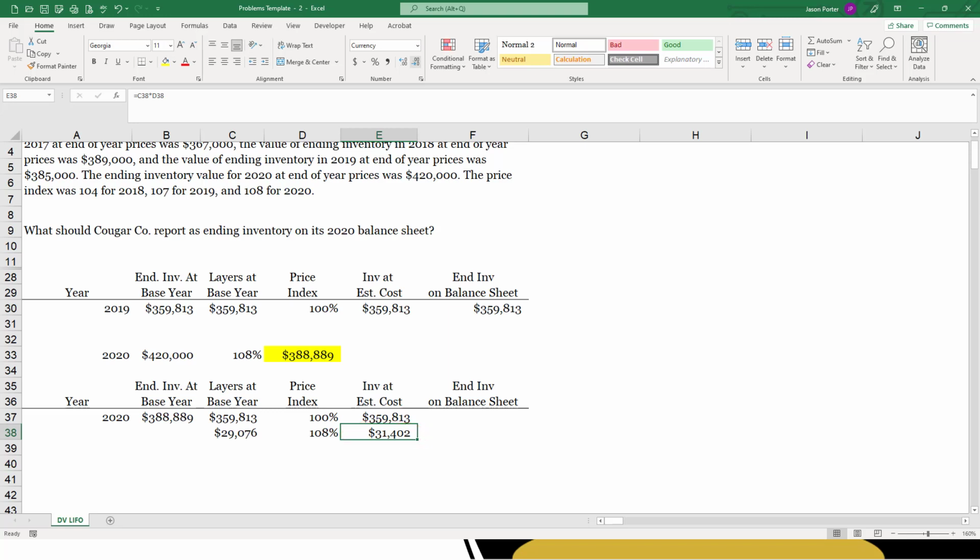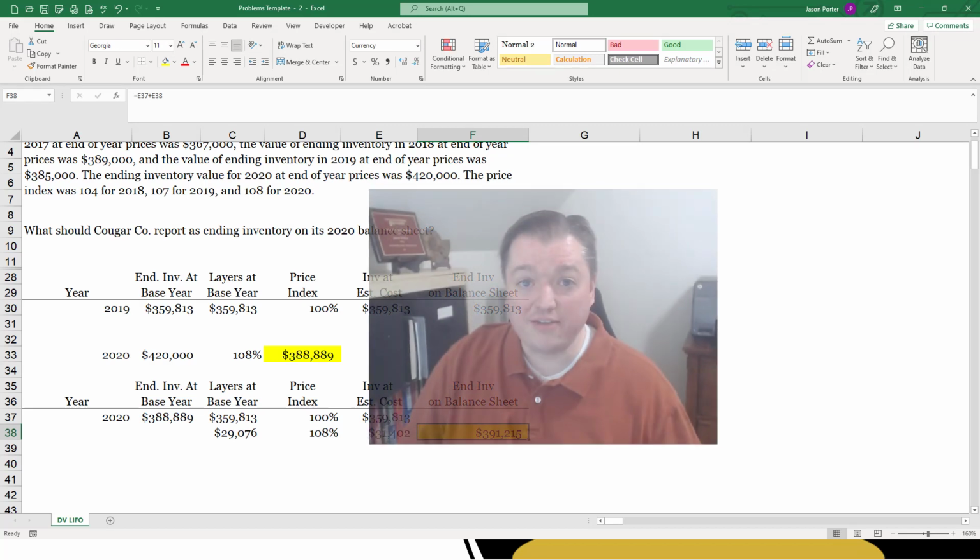And now, one last calculation, and I can see that I show on my balance sheet $391,215 of inventory. And that's my answer. And that's how I do dollar value LIFO.